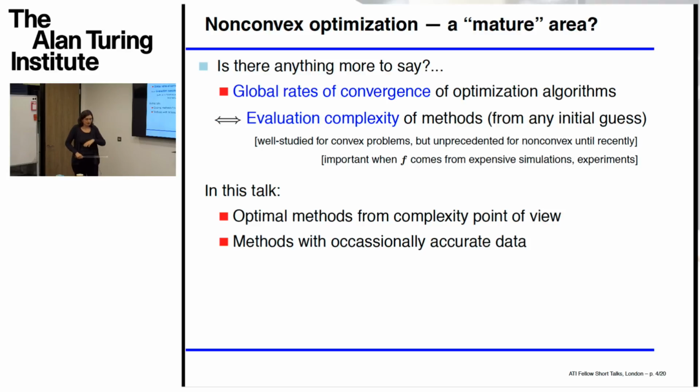And we were able to investigate most methods that exist and found that they are not very good from this point of view, and were able to come up with optimal methods from a complexity point of view. So this is what I will review in the first part of the talk, and then I will go on to talking about what if I don't have accurate information about my problem. Because for large-scale problems, computing an entire gradient may be way too expensive.